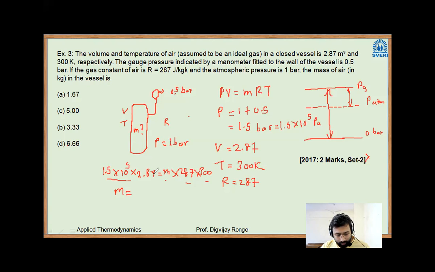I will also calculate with you. 1.5 into 10 to power 5 into 2.87 divided by 287 into 300. So it comes out to be 5. Okay, what is the unit? Unit will be kg.